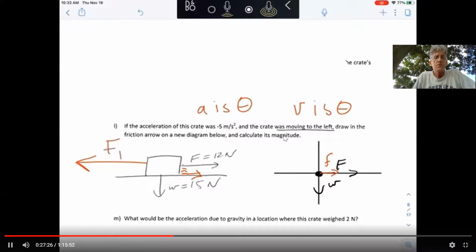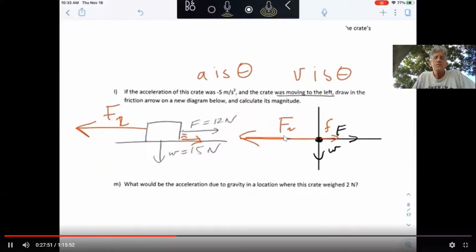Oh yeah, I have to have a force to the right. So that's pretty tricky. I have to have a force to the left because it's moving to the left and friction is opposing it. So the acceleration is negative.